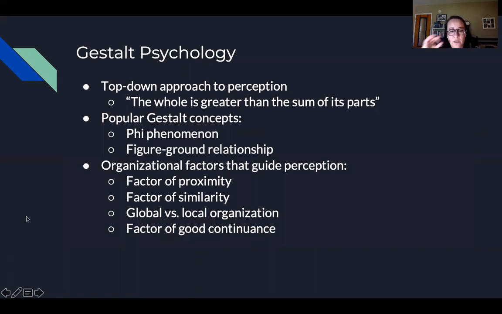Another concept that we've gotten from Gestalt psychology is the relationship between figure and ground. This is when our visual systems tend to focus in on the main object that we're looking at, the figure, and then everything else becomes relegated to the background.